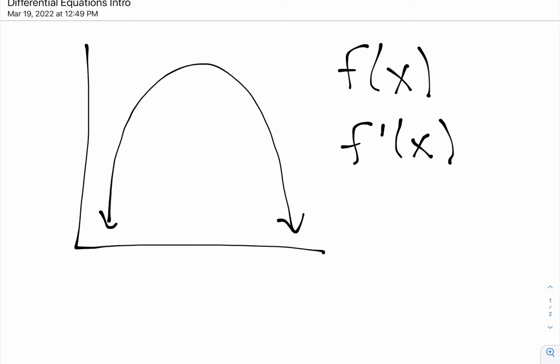So if this is 2 right here, f prime of 2 is going to be the tangent to the graph at the point x equals 2. F prime of 5, let's say that would be over here, it's just going to barely kiss the graph at this point. That's what that tangent is.